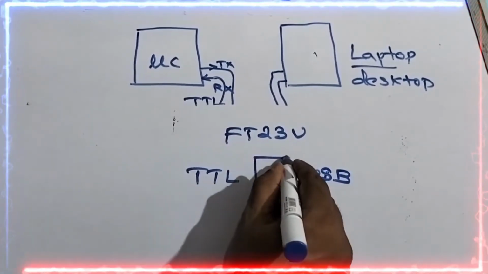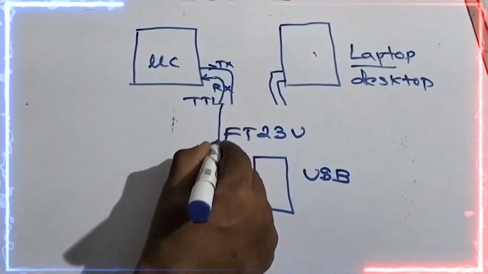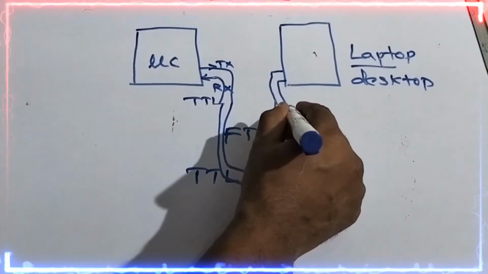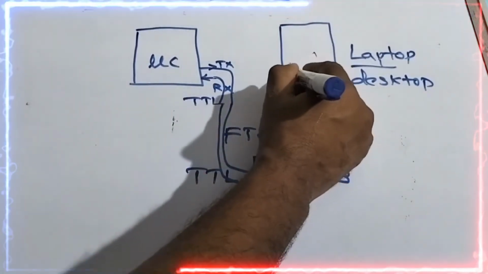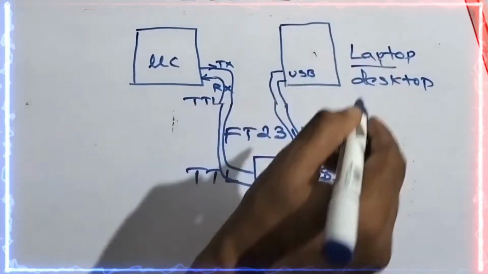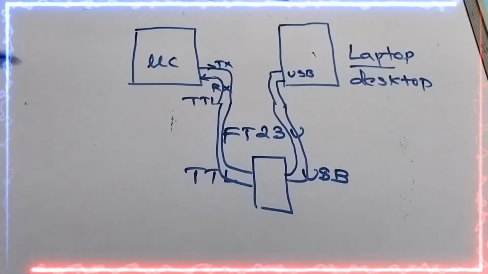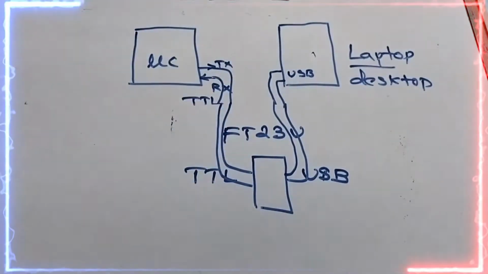So now we are using this chip. The chip takes these TTL signals and converts them for the laptop, because we are connecting to the USB port, friends. So the conversion and the setup look like this, friends.